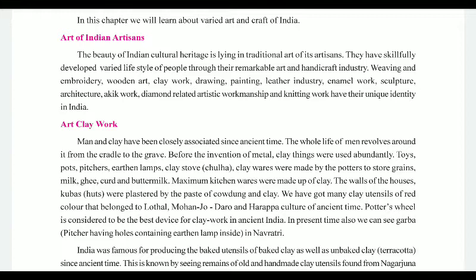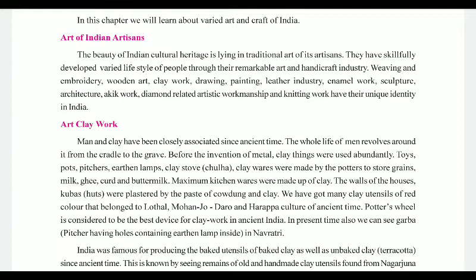We have got many clay utensils of red color that belong to the Lothal, Mohenjo-daro, and Harappa cultures of ancient times. The potter's wheel is considered the best device for clay work in ancient India.